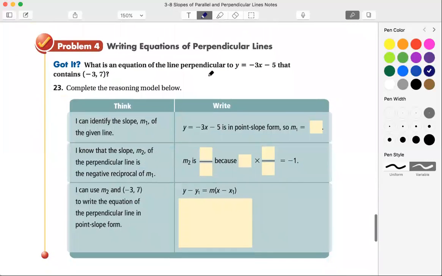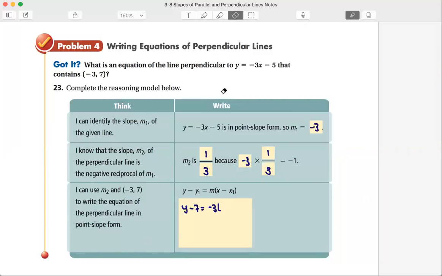So let's write the equations of perpendicular lines. We have the equation y equals negative 3x minus 5, and it contains the point negative 3, 7. The first thing we do is identify the slope of the original line, which is negative 3. So the slope of M2 is going to be positive 1/3 because negative 3 times 1/3 is negative 1. We're going to use the point negative 3, 7. So we have y minus 7 equals negative 3.